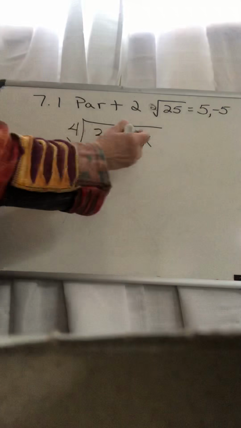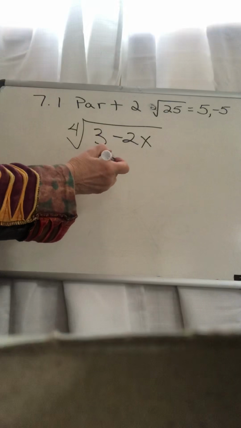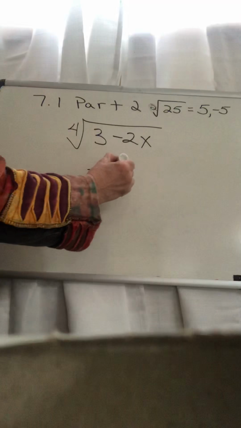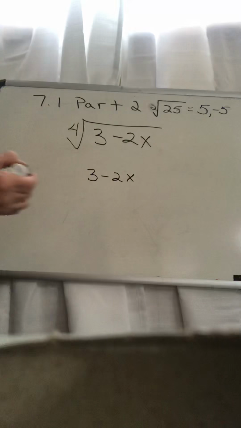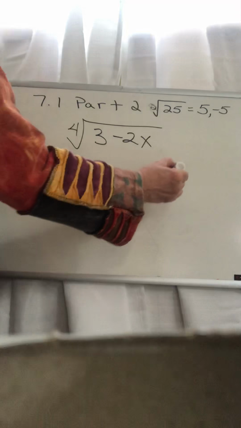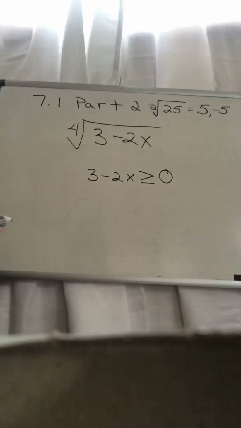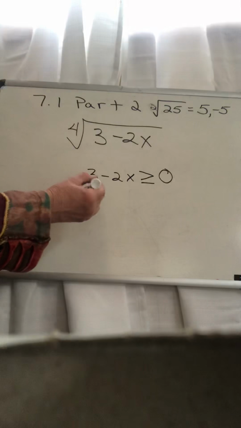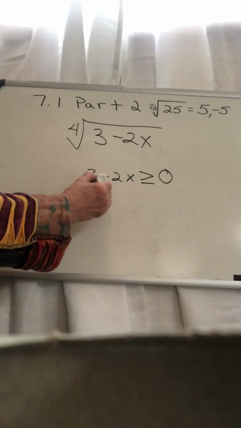So in this case, what we're going to be doing is we're going to take the 3 minus 2x out of the radical sign, and we're actually going to solve it for 0. Okay? And so when we're doing this, we would just take away the 3.